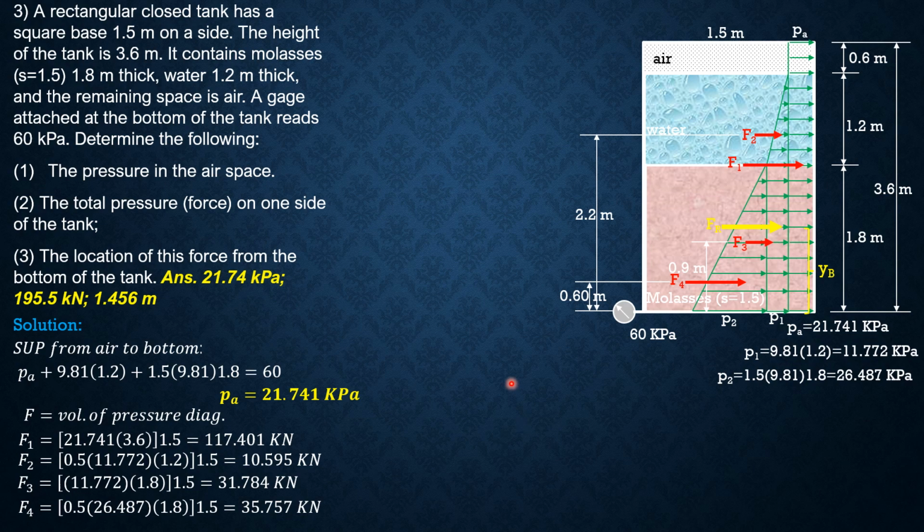So 35.757. Therefore, the resultant force is simply 117.401 plus 10.595 plus 31.784 plus 35.757. So the resultant force FR is equal to 195.54 kilonewtons.